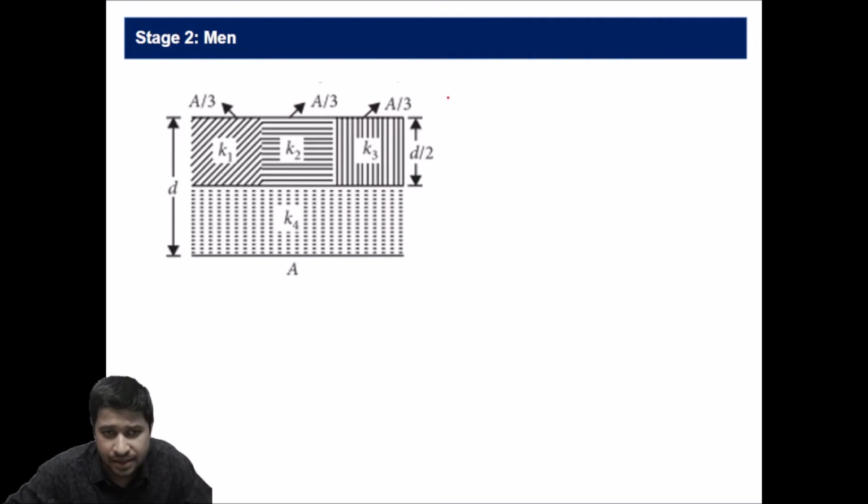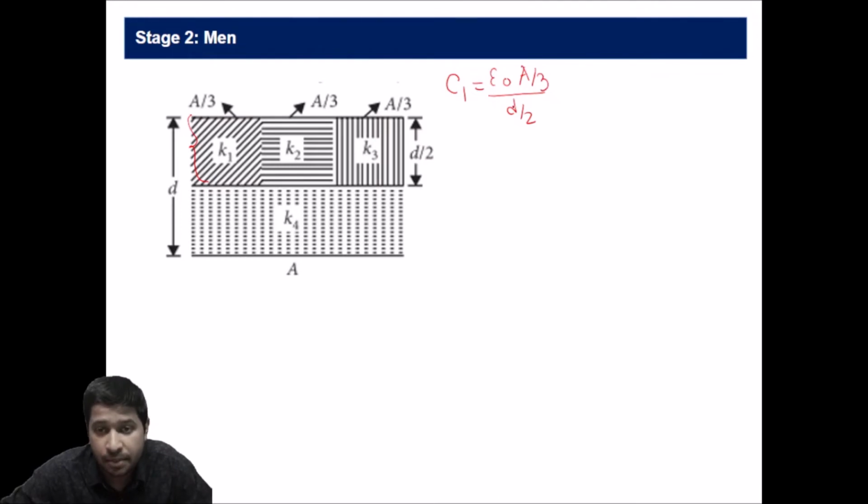So the capacitance of the first capacitor, that is C1, that means of medium K1, is given by epsilon naught A. Now A is A by 3 because the entire area was A. This K1 only occupies A by 3. Divide by D by 2 because the distance it takes is not D but D by 2.